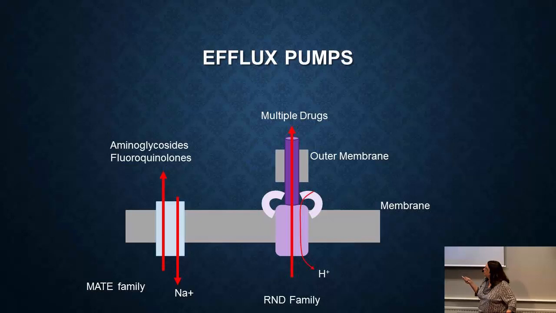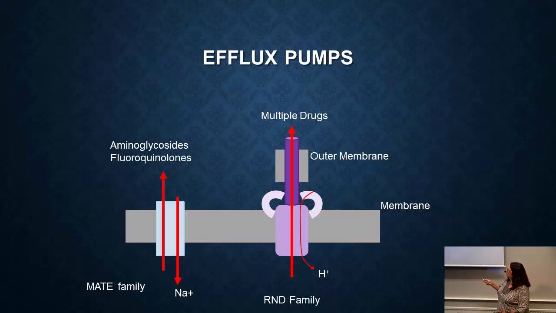So one example, fluoroquinolones, as we talked about, the concentration of fluoroquinolones in the cell never gets high enough for it to effectively stop DNA replication. And there are many different types of efflux pumps. Two types, that one is the MATE family and the other is the RND family. And I'll mention those a little later.